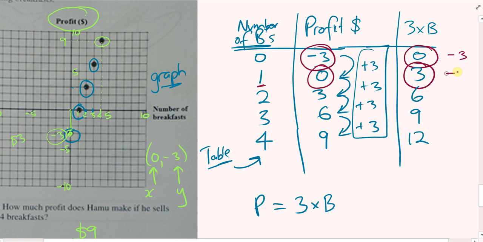So again, I need to subtract 3. When the number of breakfasts is 2, 3 times 2 will give me 6, but I actually need 3 for the profit. So I'm subtracting 3. So it looks like my equation will look like this. The profit is equal to 3 times the number of breakfasts minus 3.